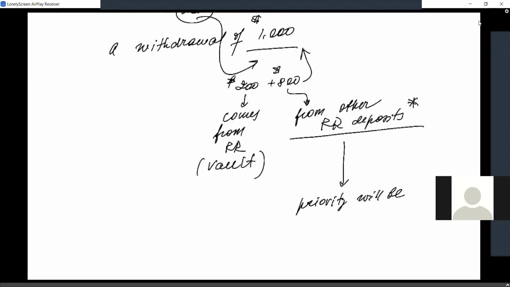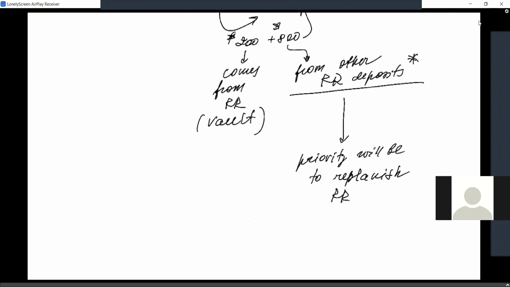will be to replenish the required reserves that were used to pay your original deposit out, okay? So they're waiting for every deposit to take it and throw into required reserves. And here I walk in and ask for a loan. What kind of answer am I going to get? No. Well, they're not going to say that.